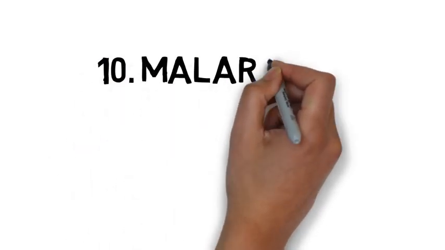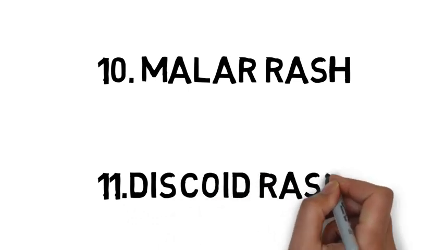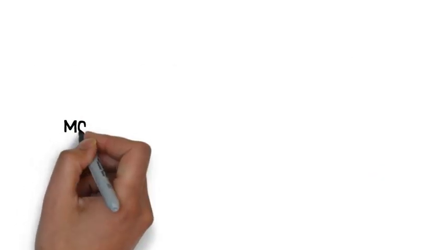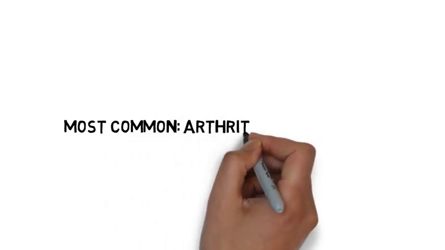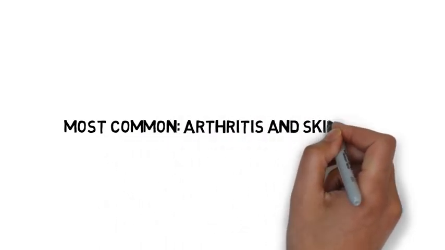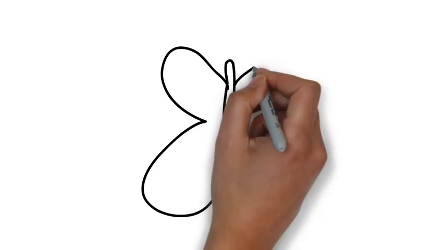And N is for neurological disorders such as seizures and psychosis. M is for malar rash. D is for discoid rash. And there's also other symptoms including alopecia and splenomegaly. Of all these symptoms, rash and arthritis are probably the most common.